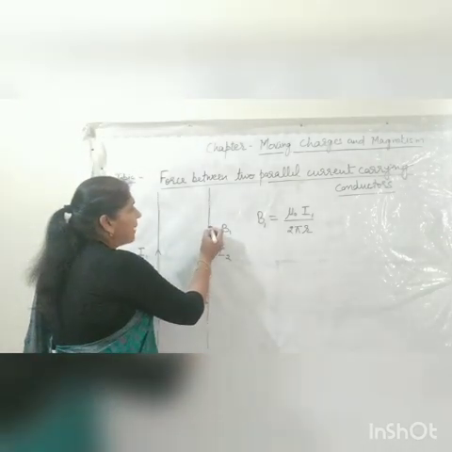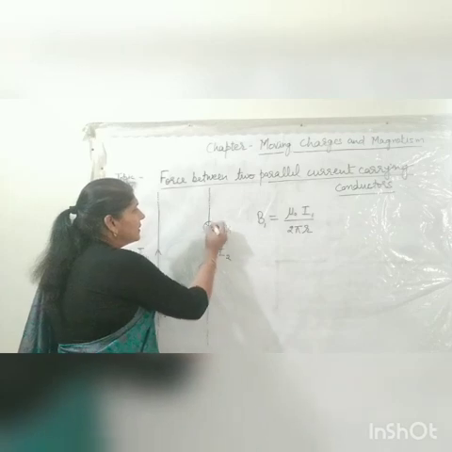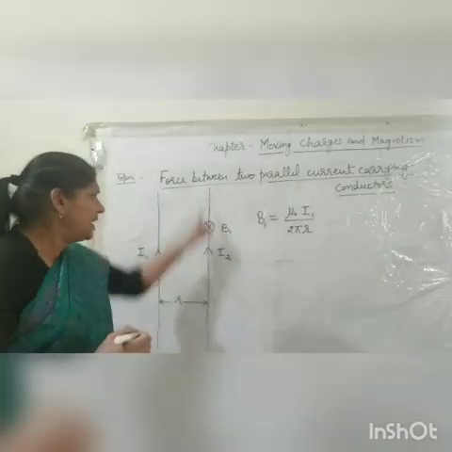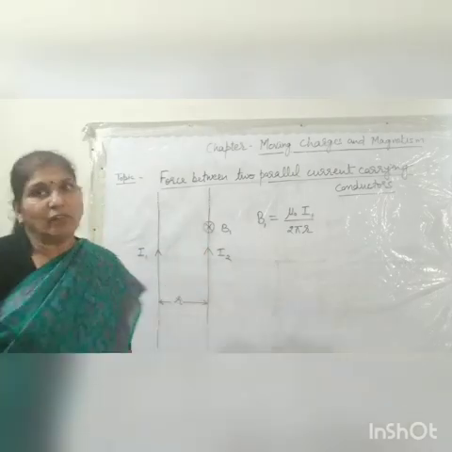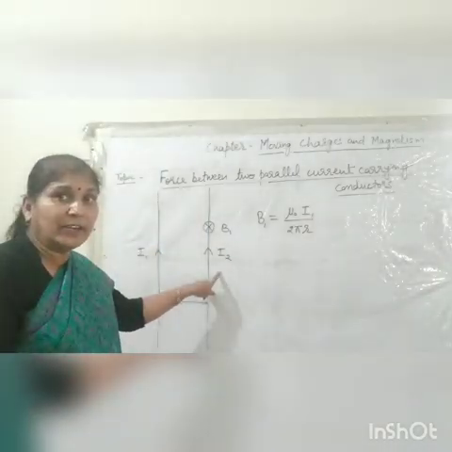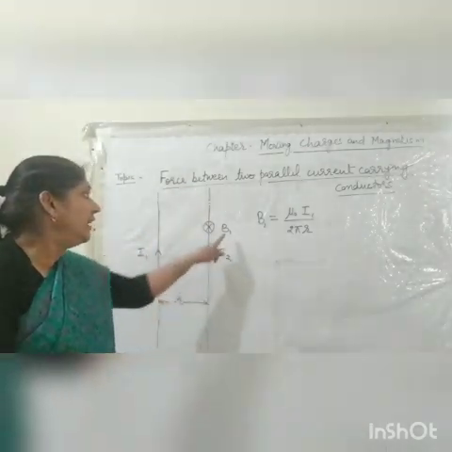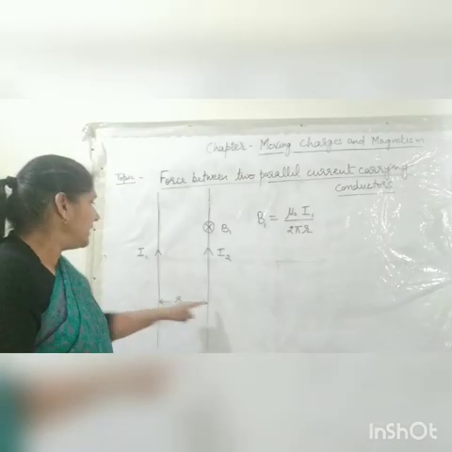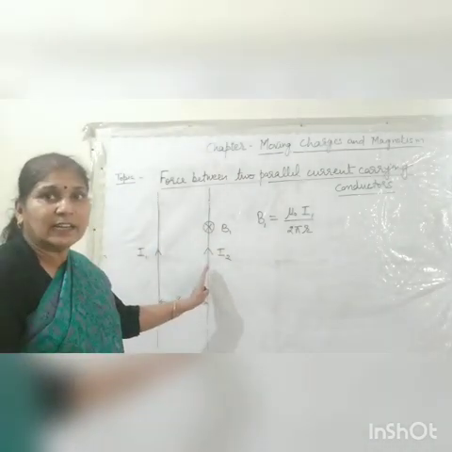So that is why the magnetic field B1 at the position of the second conductor, at each point of the second conductor, will be inward. It means this second conductor, which is carrying current I2, is placed in a uniform magnetic field B1, because at each point the distance of the second conductor is r.